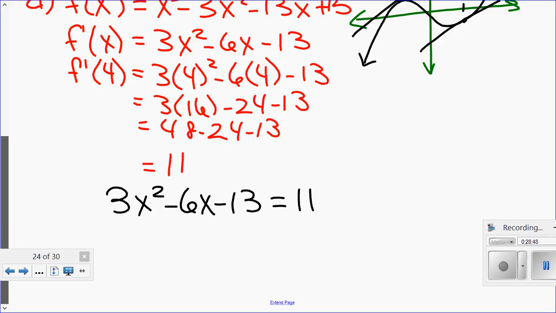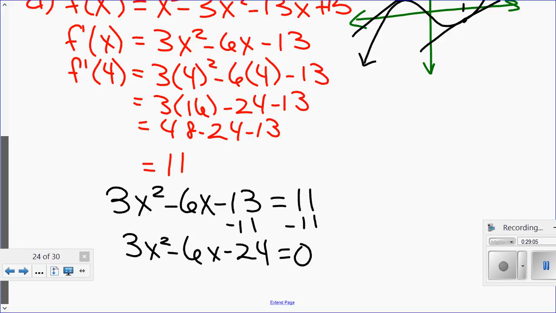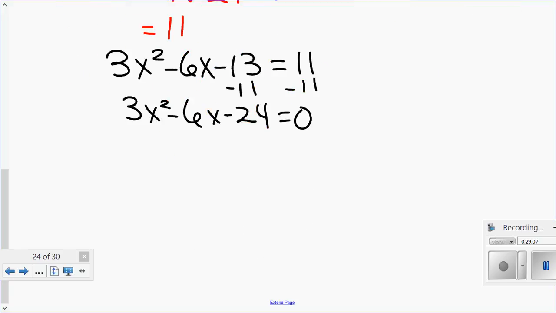So now I have a quadratic, and we solve a quadratic. What do I need on one side of the equation? 0. So I subtract 11 from both sides. You've got 3x squared minus 6x minus 24 equals 0. Okay?